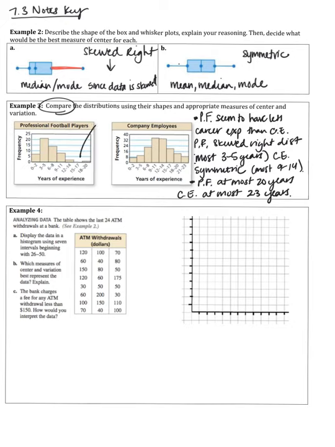Another thing we can point out is that there is a gap in the graph here. There are no professional football players that have between 15 to 17 years of experience, but we do not have a gap in the graph over here between 15 and 17 years experience. We actually have a quite high frequency of probably around 18.